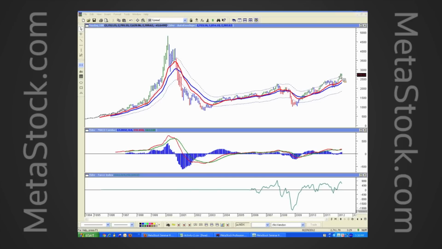Look in the middle pane and take a look at the MACD histogram. Last year, 2011, MACD histogram was strongly positive, confirming the power of bulls and saying expect higher prices ahead. By the end of last year, MACD histogram has gone negative, breaking the back of the bull, and now it's positive again. But how feeble it is.